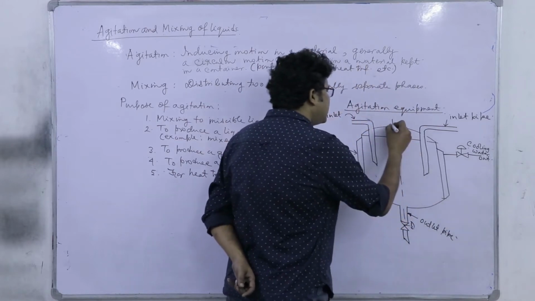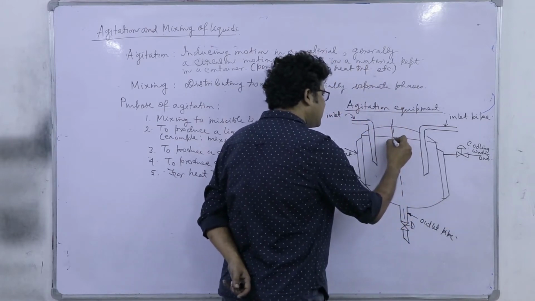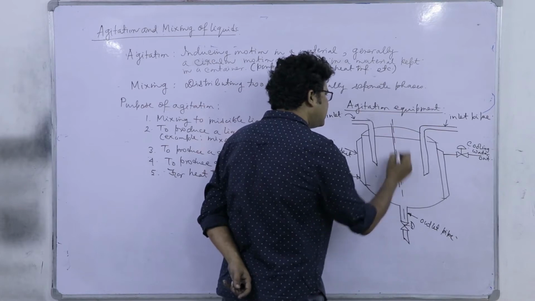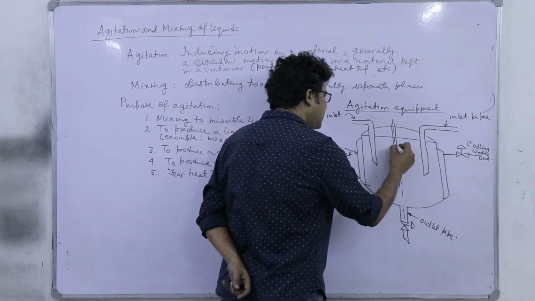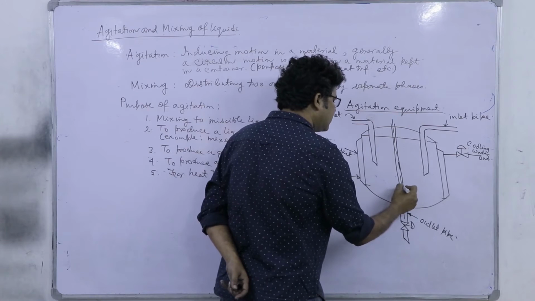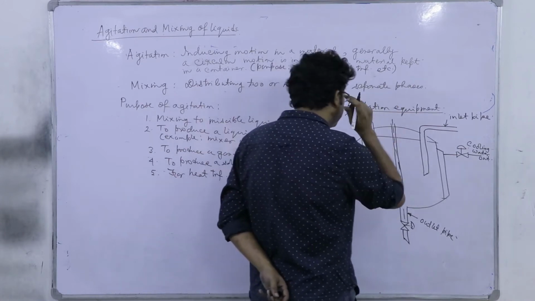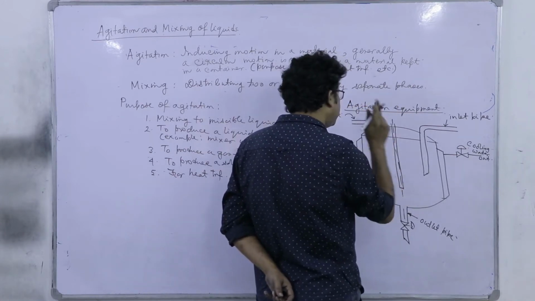But the most important part is the overhung shaft. The shaft that is along the vertical axis of this vessel and mounted from the top.